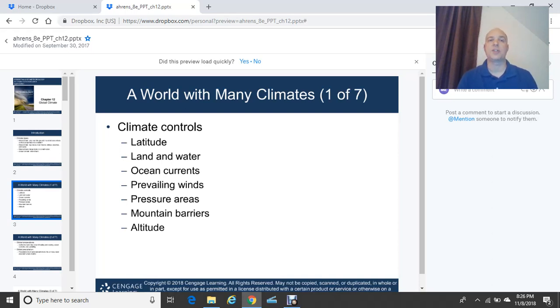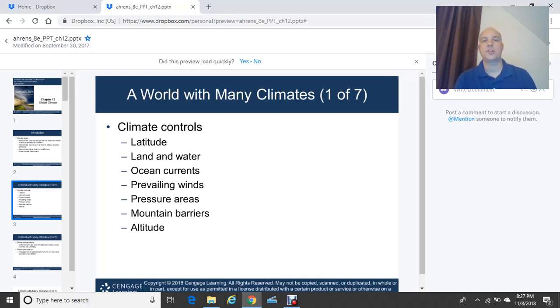If you live at a latitude close to the equator, then the weather is pretty much consistent. The climate's pretty much consistent from year to year. But you get a wider variability in the climate the further north away from the equator you get.